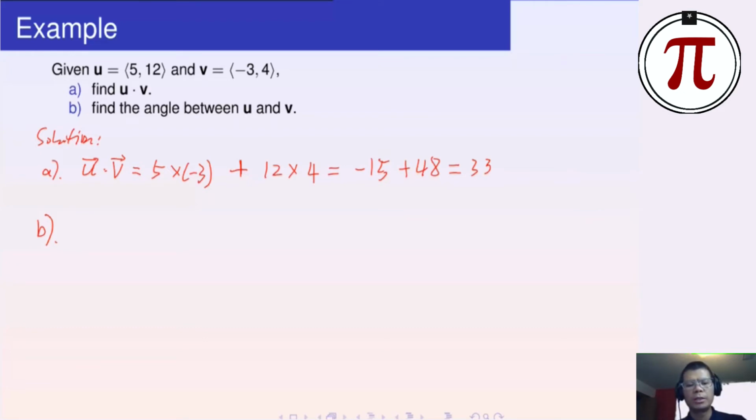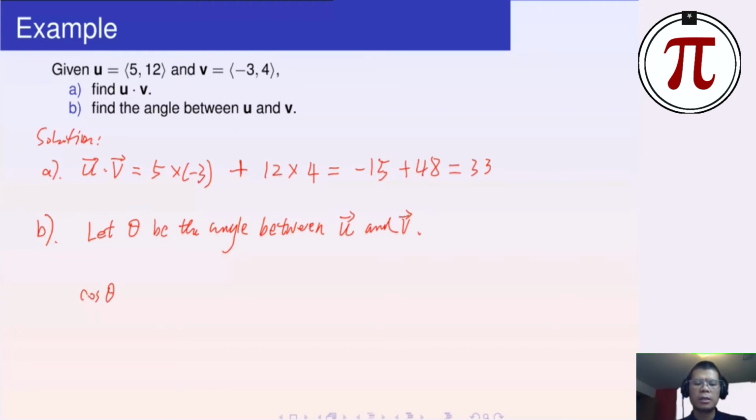So we have cosine theta, by the formula, equals u dot v over the magnitude of u times the magnitude of v.